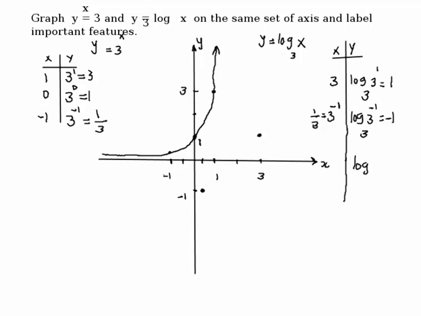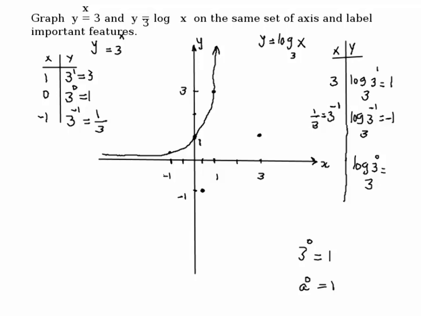So we want log of 1 with base 3. Okay, so we want to have 3 to the power of 0. Does that work? What is 3 to the power of 0 equal to? No, 3 to the power of 0 is not equal to 0. Anything to the power of 0 is equal to 1, right? Great. So 3 to the power of 0 is equal to 1.